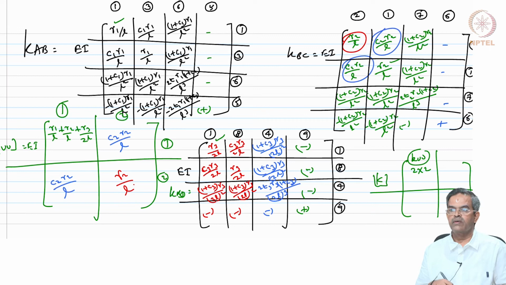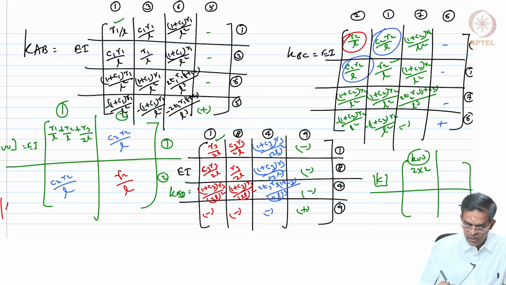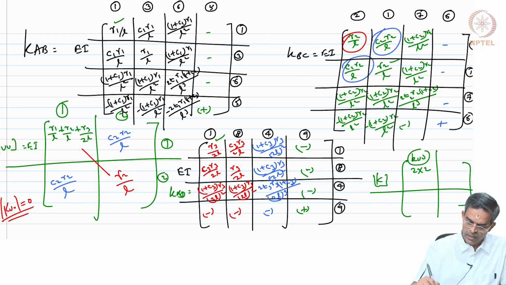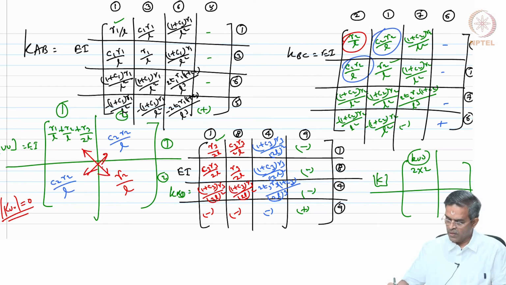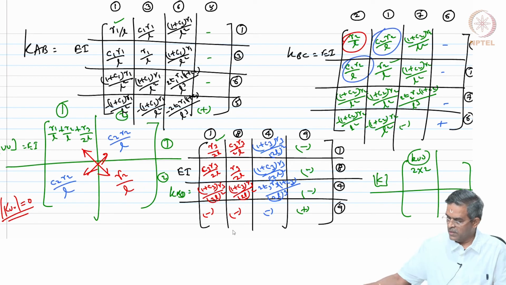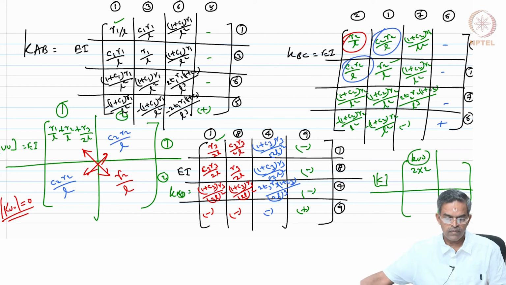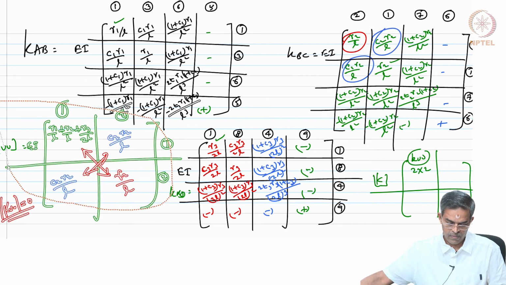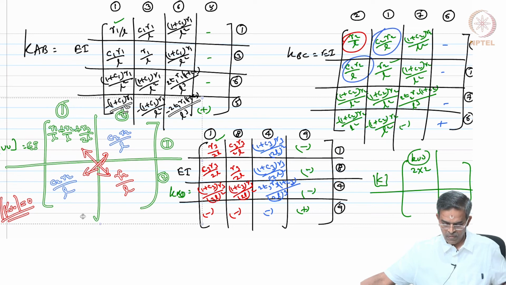Right. I should set this determinant to 0. So, let us multiply this and minus of this, let us do that. So, I can write that, which will be, I will copy this matrix, okay.